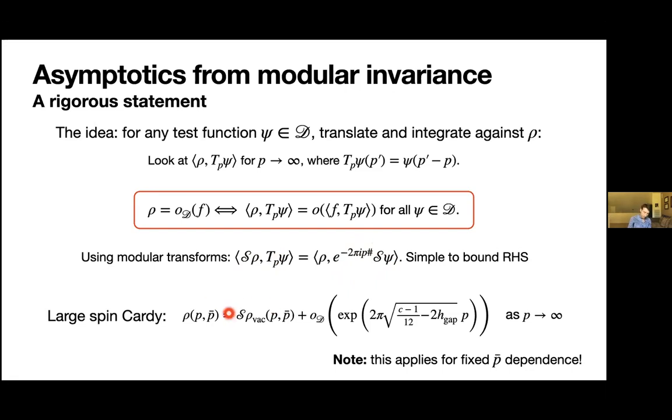So in particular, there's this version of large spin Cardy, which says that the density of states is the S transform of the vacuum plus some piece that decays at a rate that's determined by the lightest non-vacuum primary. In this particular sense, if we integrate the density of states against some test function, we get something that's bounded by this.